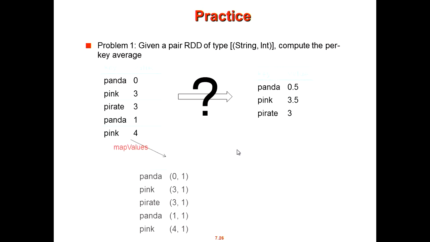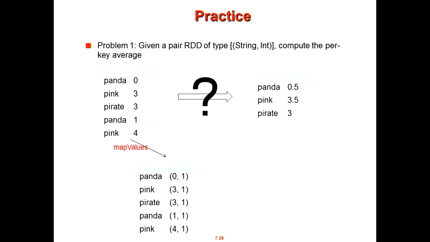The previous solution, I said, is that you can do group by key, right? But the problem with group by key is that what we care about is only the average. We only need to know the sum and the count, but we don't need to know the set of values. Group by key will give you all the values stored in memory, which means you waste a lot of memory space.